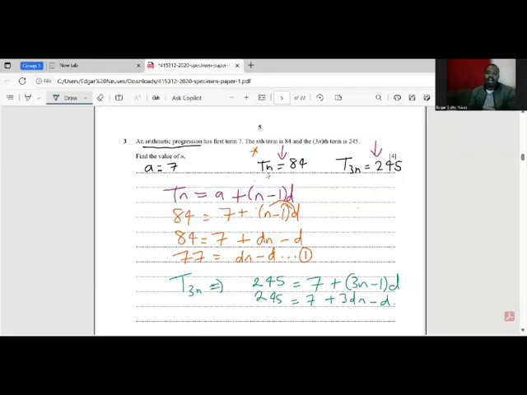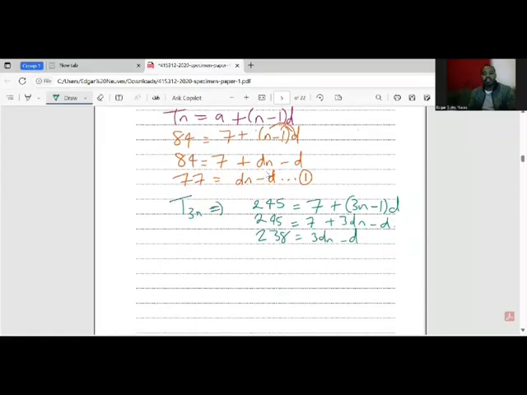I'm going to simplify by subtracting 7 on both sides. It gives me 238, 245 minus 7 gives me 238, and then 3dn minus d. So then I simplify. I've simplified it. Now I've got equation 2 and equation 1.